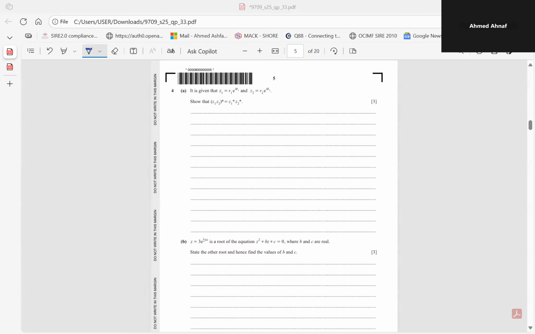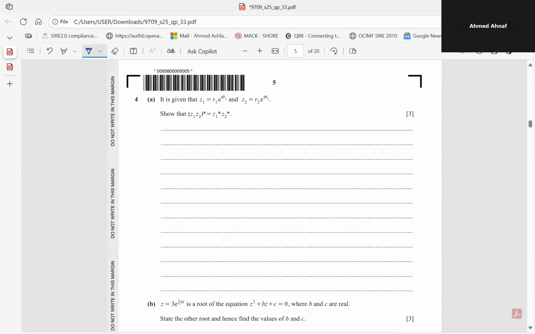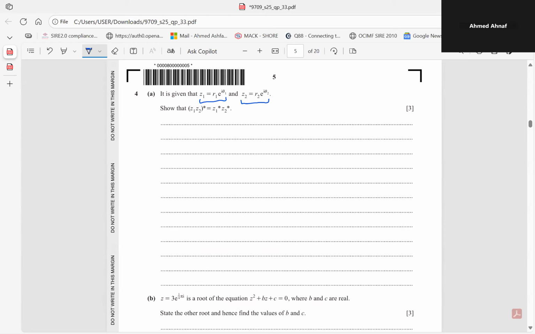Okay, so for this question, we're told that Z1 equals R1 times e to the power of i theta 1, and Z2 equals R2 times e to the power of i theta 2. So using this, we have to show that this result is true. Okay, so first of all, let's find what Z1 times Z2 is.